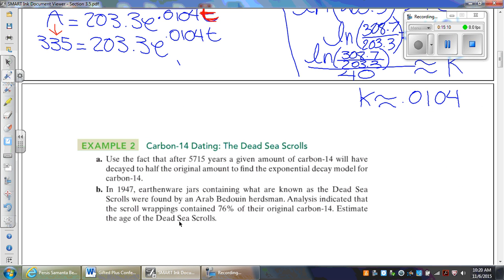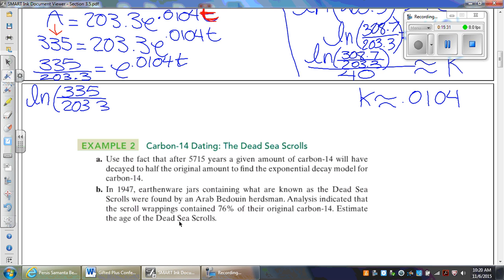So now we're going to solve it like we did the other one. First we need to divide. And then we'll take the natural log on both sides. If we take the natural log on the right side, you know it's going to cancel with e, correct?